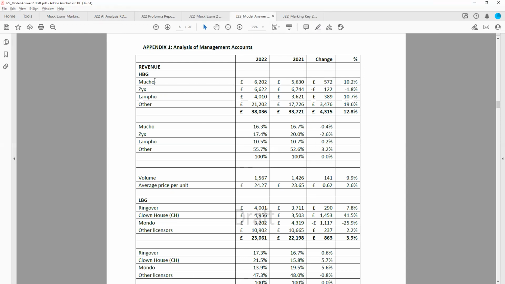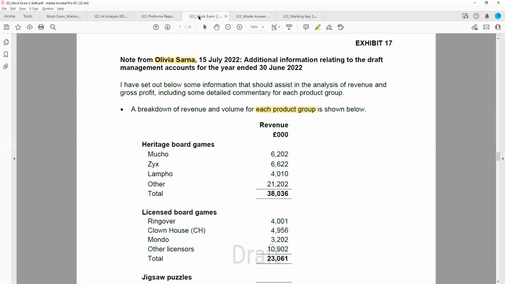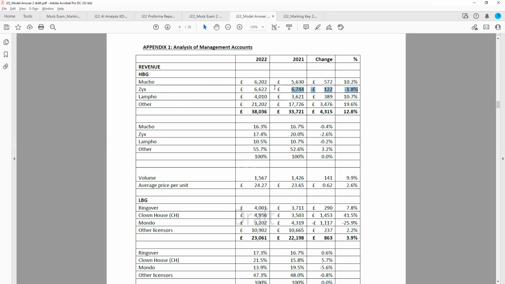But we can see here, as I'm going through this analysis, I'm thinking, okay, Mucho's gone up by 10%. Of course, I knew the reason for that, because of those special editions that were released. And Zincs has gone down, so that's a poor performance. We weren't told anything about that, but Lamp has gone up, and we were told about that. Expansion packs, we've got a reason there. So I'm definitely going to focus on these two.